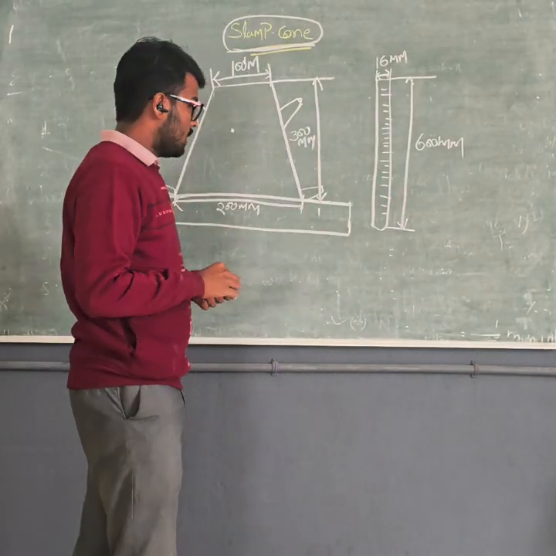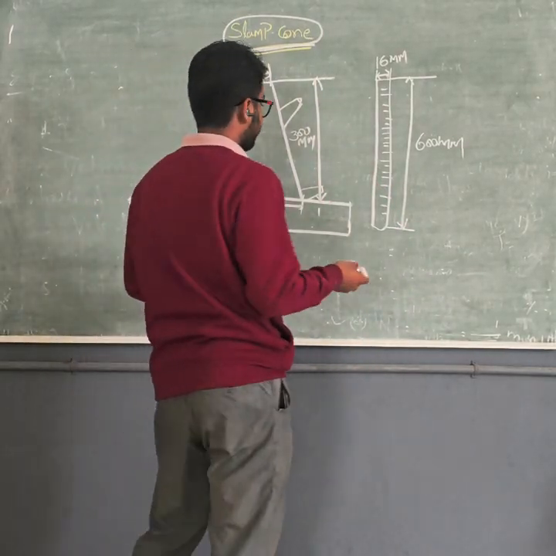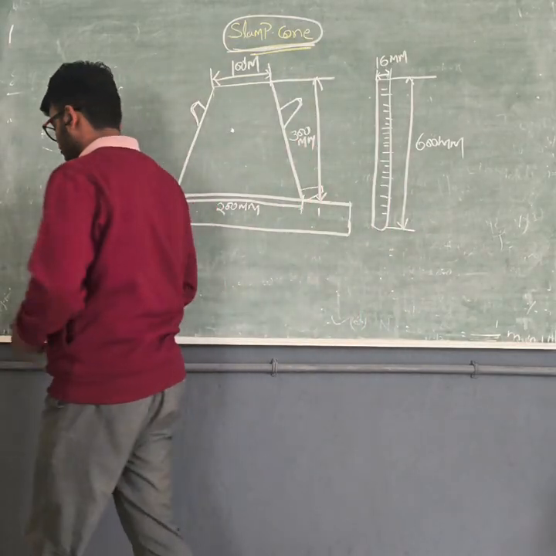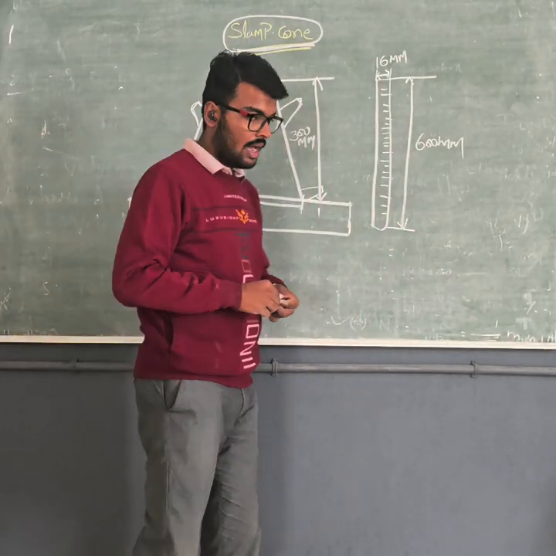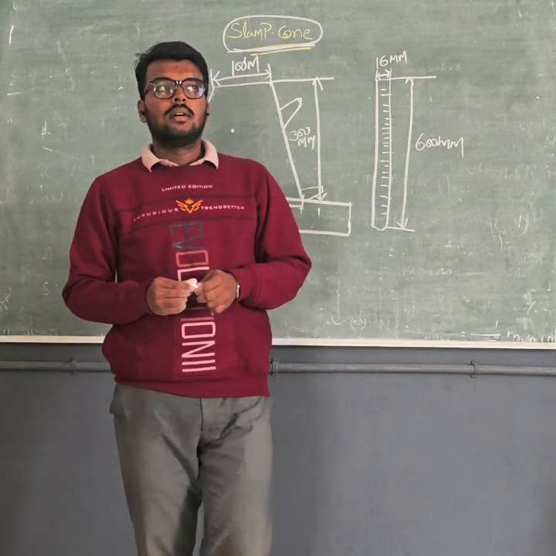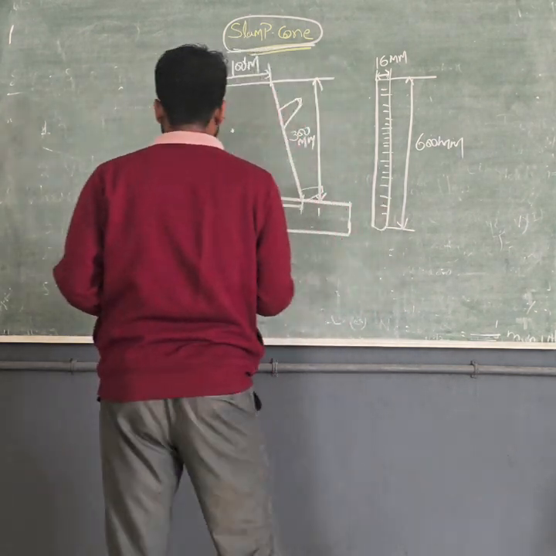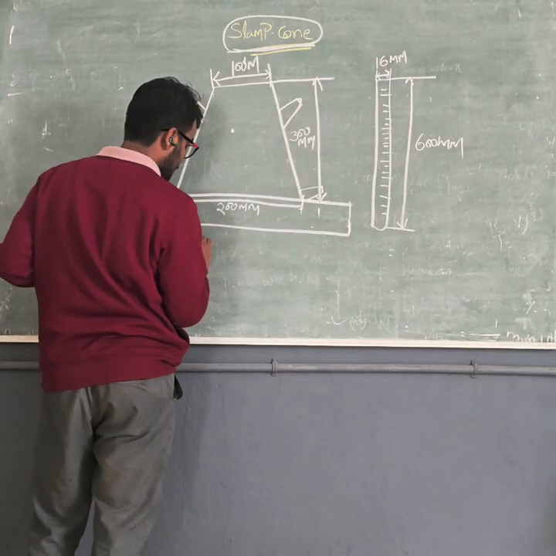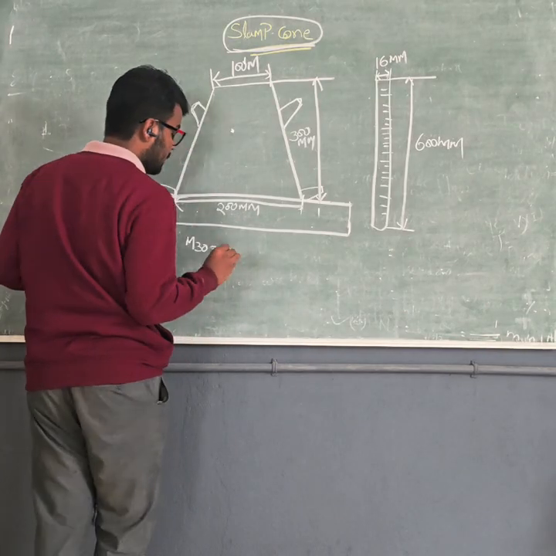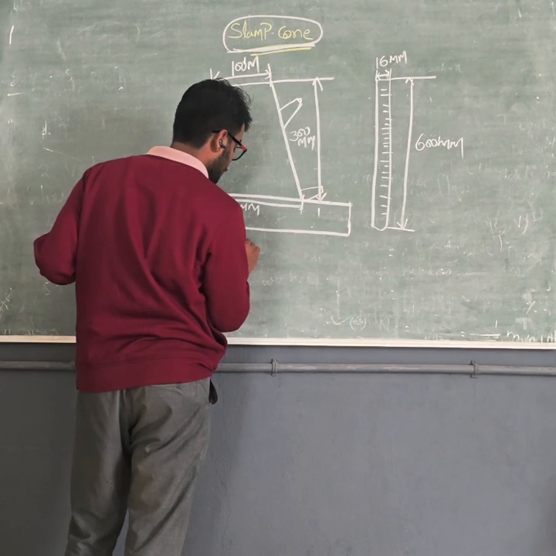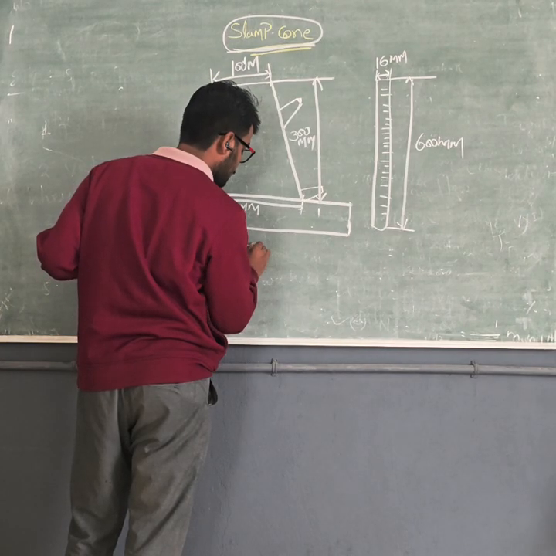Next, now we move towards the procedure. First we have to mix the concrete. Suppose we need M30 grade of concrete, then the proportion is 1 is to 1.5 is to 3.